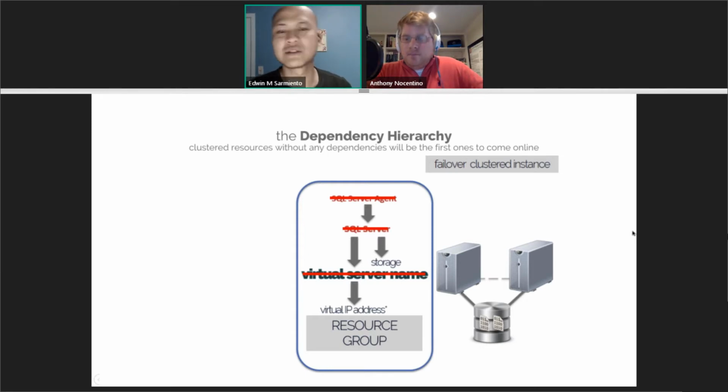Even if you force start the SQL Server agent service, it has to wait for the virtual IP address to come online first. Then the virtual network name. Then the SQL Server service before the SQL Server agent can come online. Again, it's like the domino effect. The SQL Server agent has to wait for all of those resources in the hierarchy before it can come online.